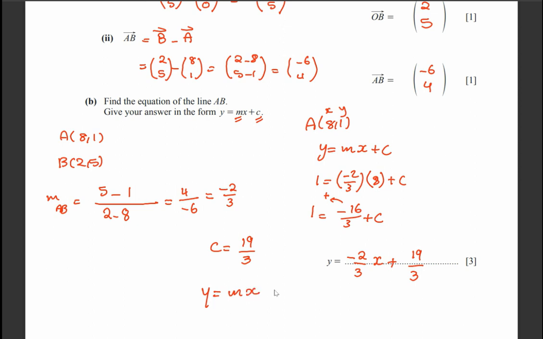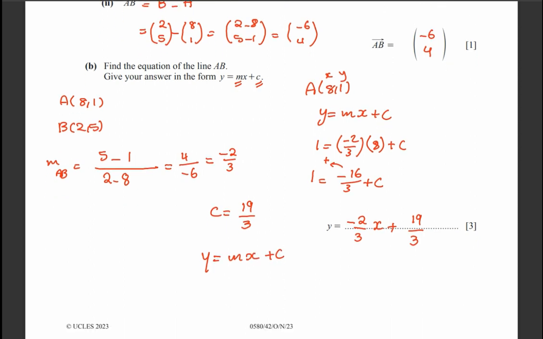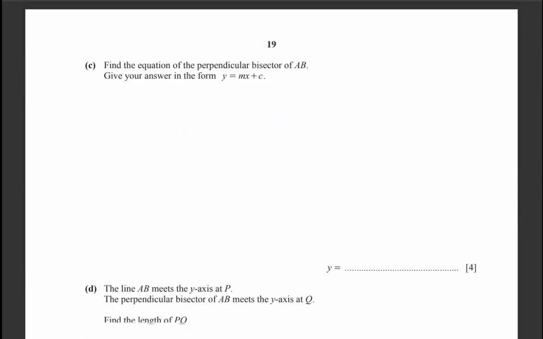Go to the, which is y equals mx plus c, to not get confused. Go to question number C. Find the equation of the perpendicular bisector of AB, giving your answer in the form y equals mx plus c. So first, we got that m of AB is negative 2 over 3, but he wants the perpendicular. How to get the perpendicular?